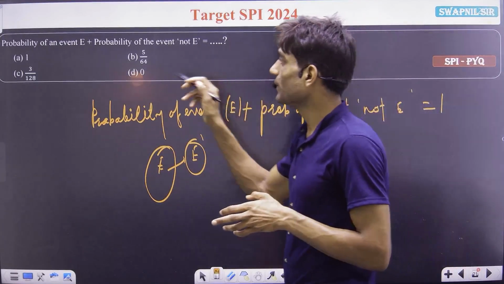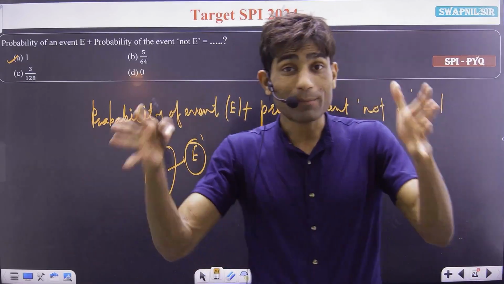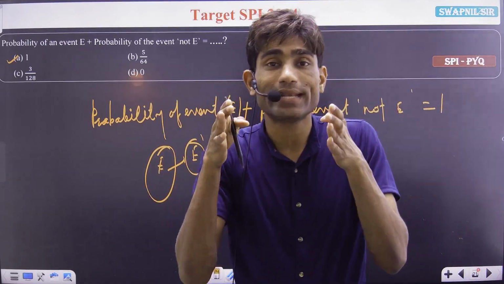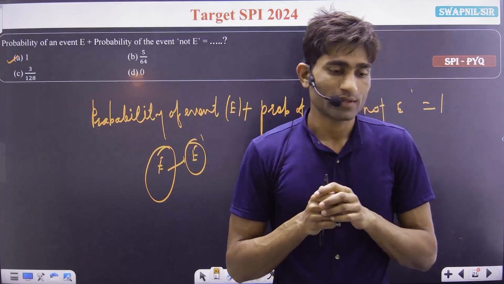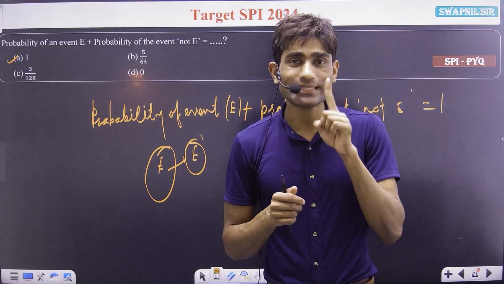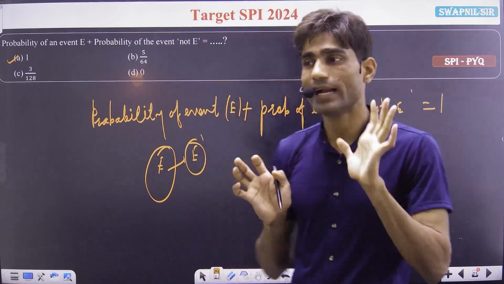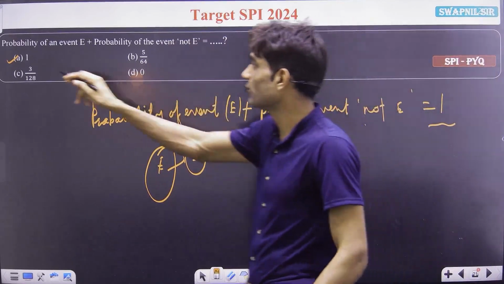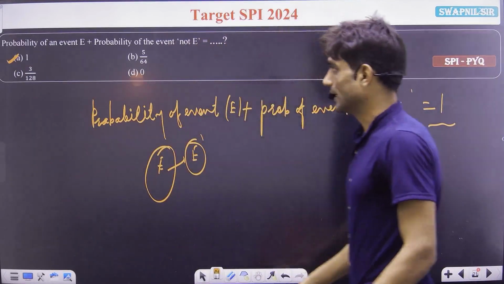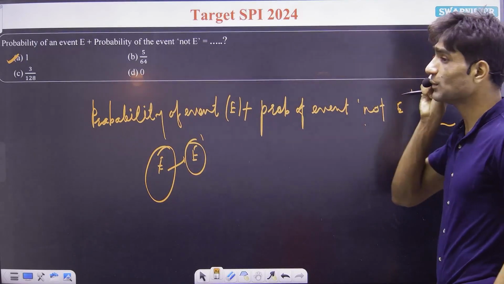So our first option is correct, because the sum of the probabilities defined in the same sample space gives us the value 1. That's it. It gives us the required answer 1, which is our first option. I hope you all have understood this solution. Let's move on to the next example.